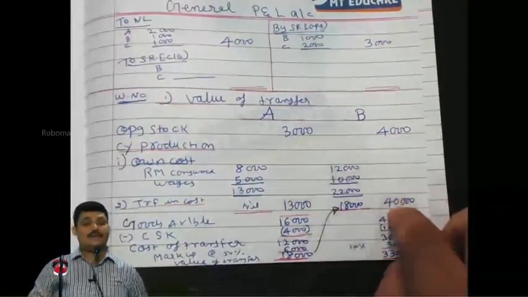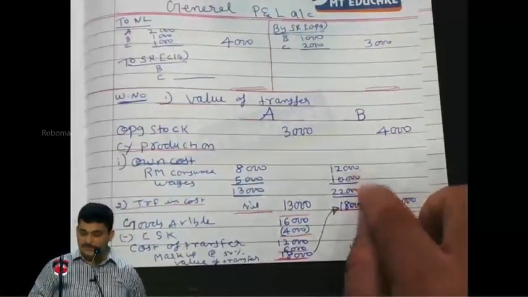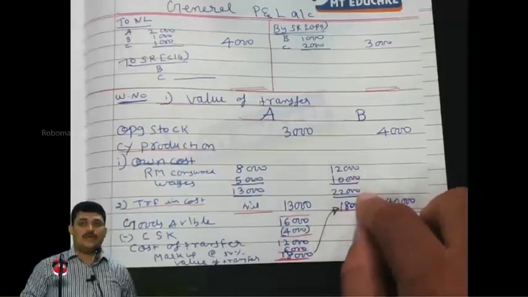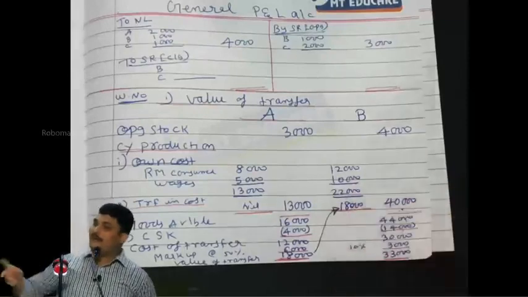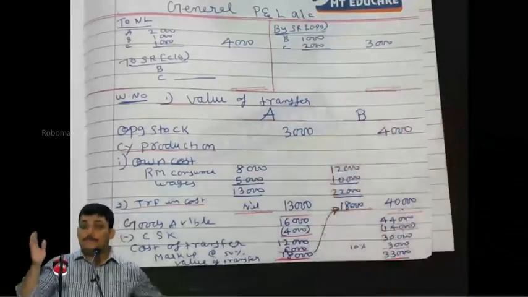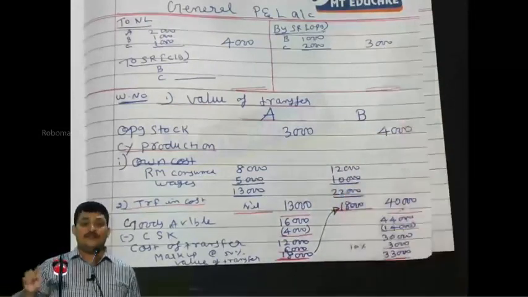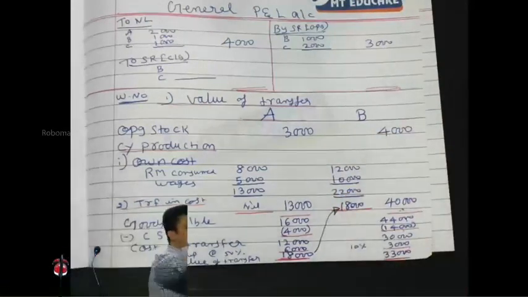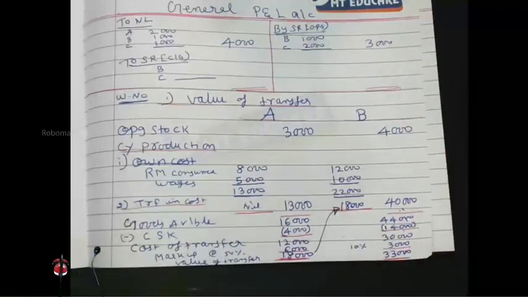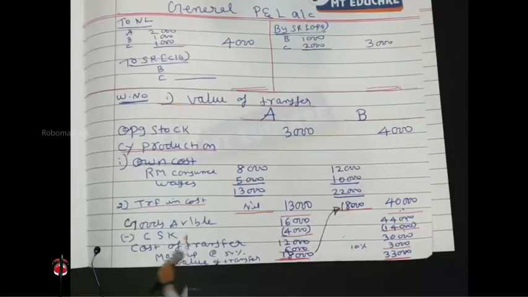So let us take current year production. This proportion of own cost and transfer cost will be there in every 1 rupee of stock of department B. Every stock of department B will have own cost and transfer from A. The margin is included only for the transfer made from A.